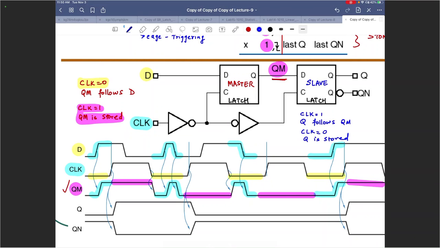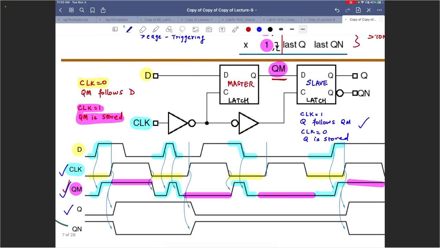That's for the second latch, the slave latch. If I apply this onto QM and clock to write Q, I will get that particular graph.